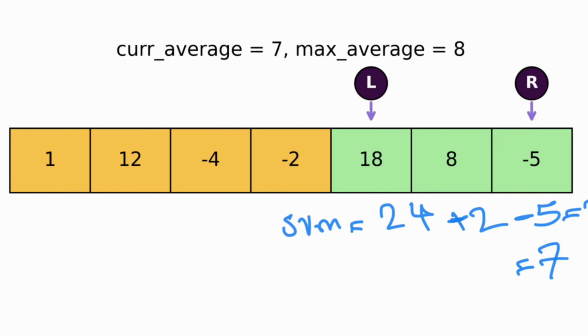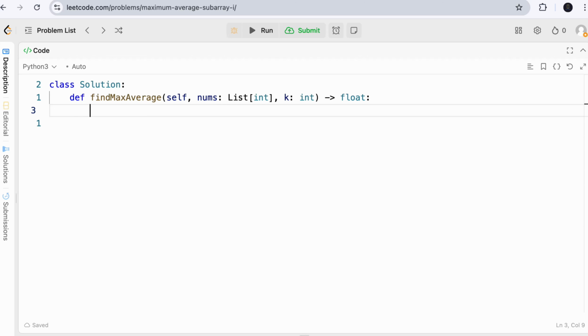Okay, and that's it. Let's go write the code for this question. I write the code for the two solutions that I provided. First of all, we check the length of our array, and maybe our array is empty and the k is a value greater than 0. So at the first step, we check the length of our array.